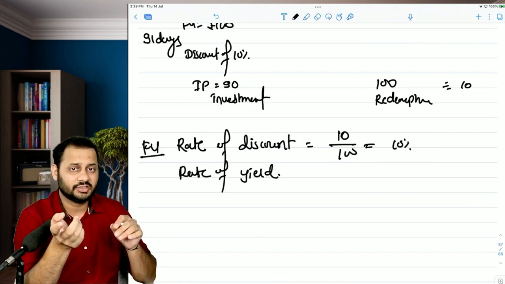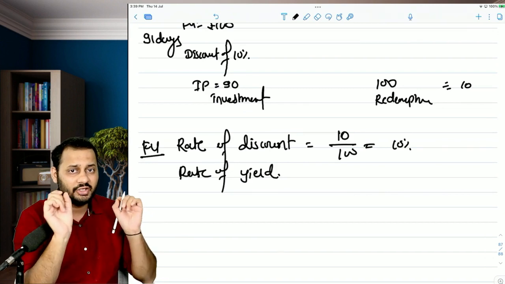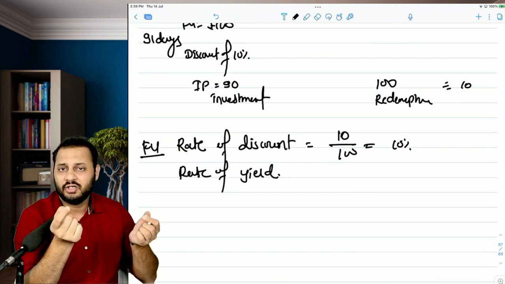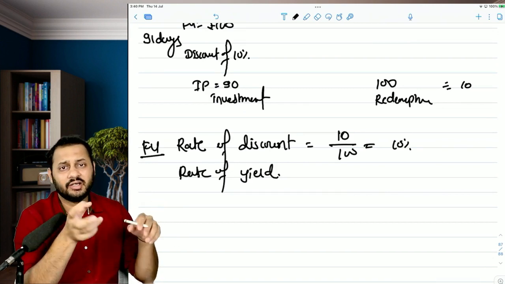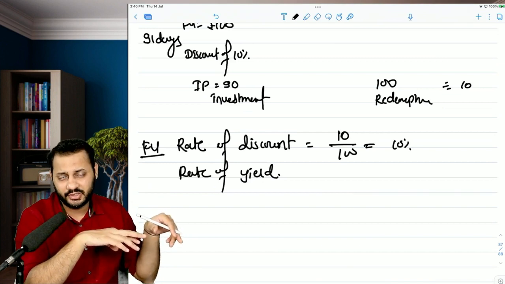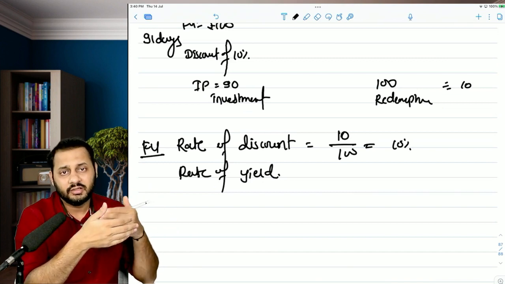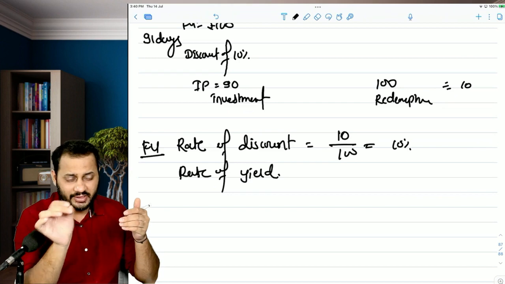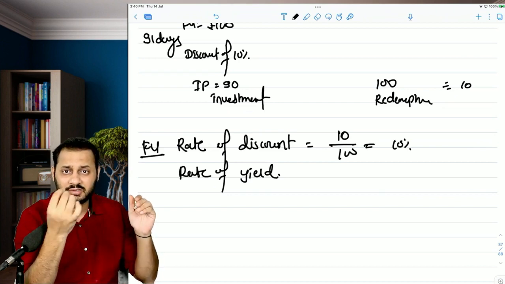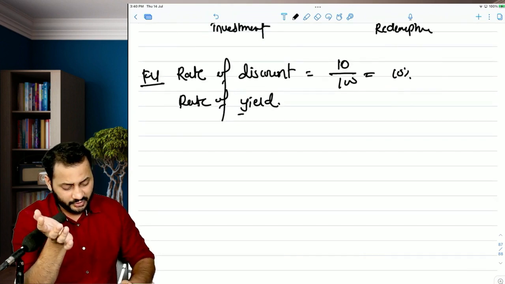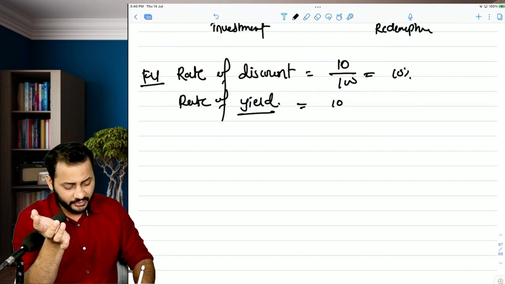But as an investor, your return is 10 rupees and your investment was 90. You don't have to do anything with 100. 100 is something that you received at the maturity, but the investment, the amount of cash outflow that is going from your pocket matters the most to the investor. So whenever you will be calculating yield, you will be calculating it on your investment.